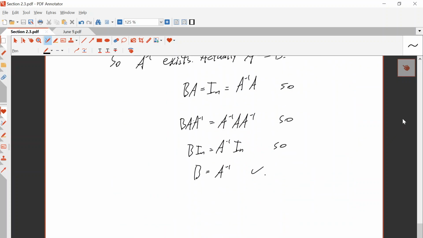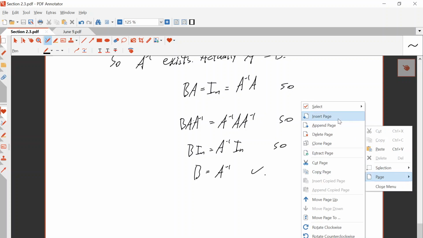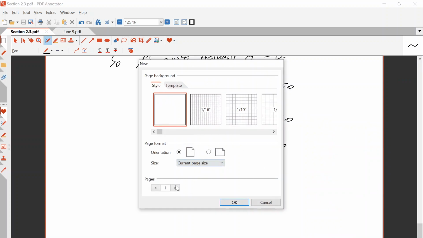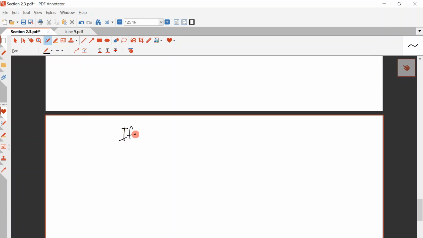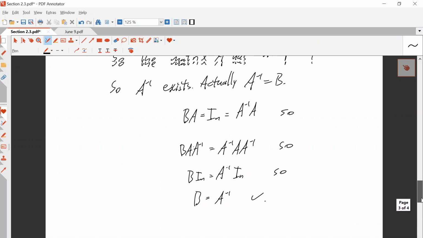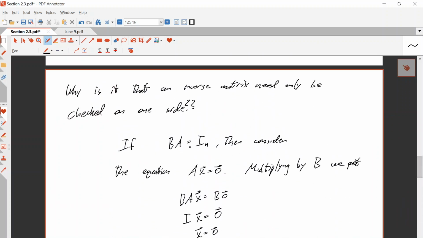Now for a matrix on the right, so here we looked at B times A equal to I_n.